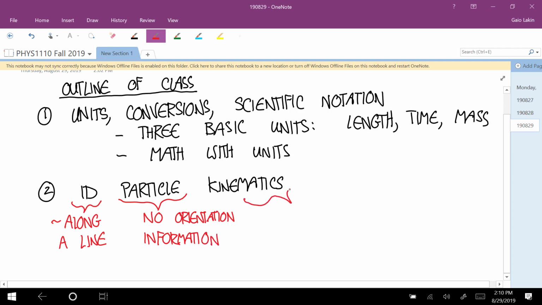And then kinematics means describing the motion without concern for the thing that is causing the motion. So we won't deal with any mass and we won't deal with any force in kinematics.